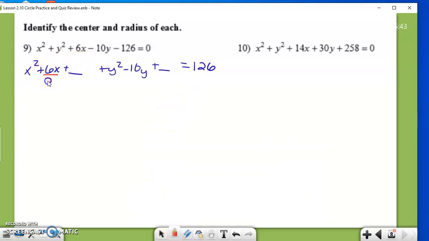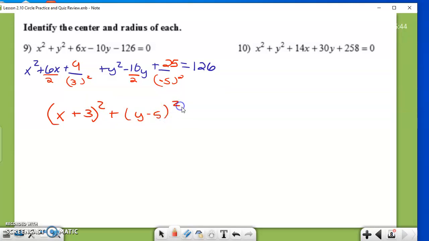Remember, all I'm going to do is divide by 2. Now what's in the parentheses is what I end up putting with my standard form equation. But I have to add the 9 and the 25.